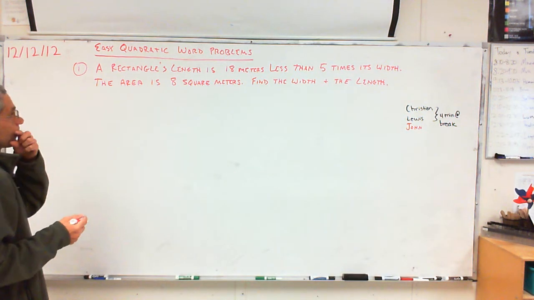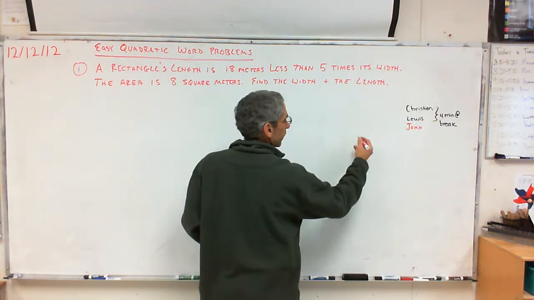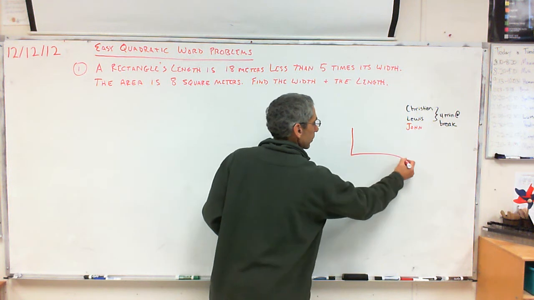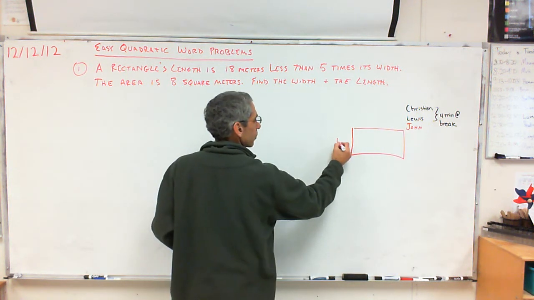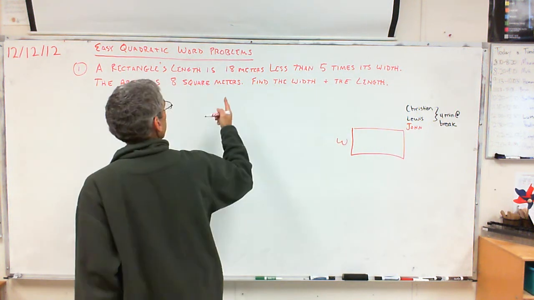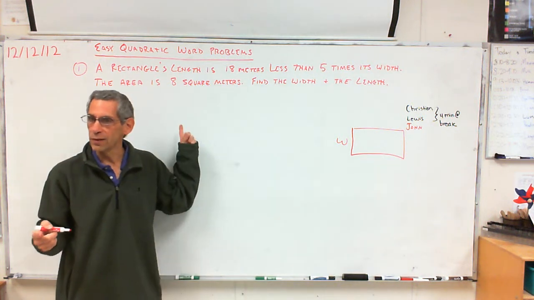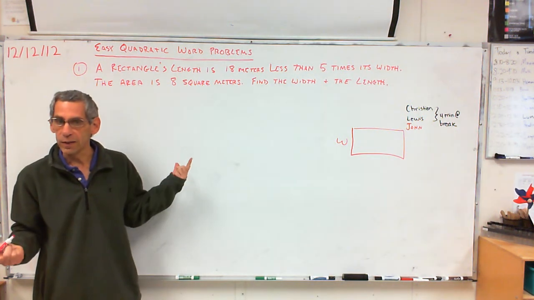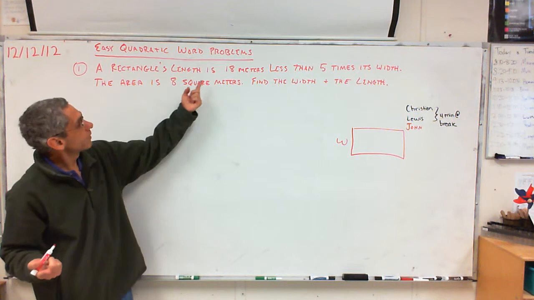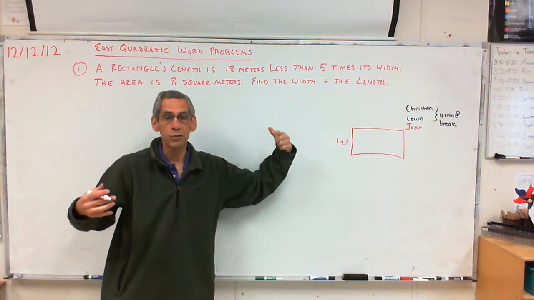So let's draw our rectangle for a second. I think that might help. And we know this is our width, right? Can you guys see that everything's based on the width? The length is based on the width, right? It says the length is 18 meters less than 5 times its width.